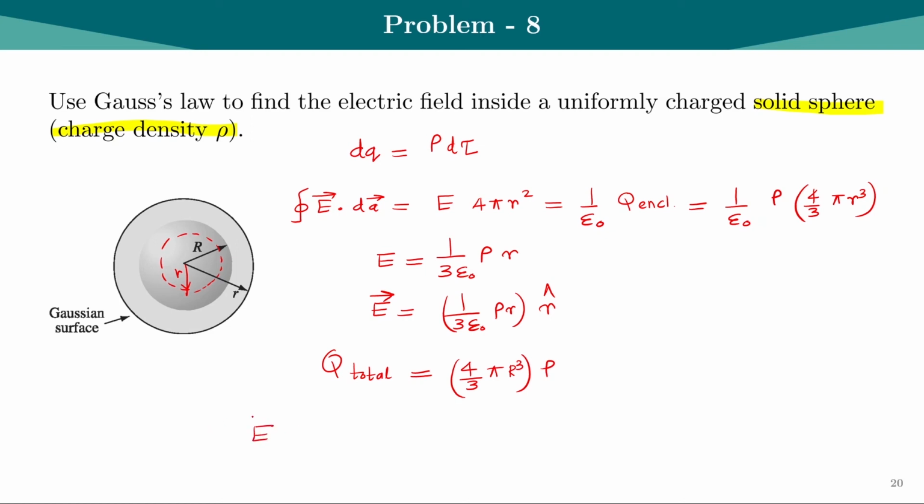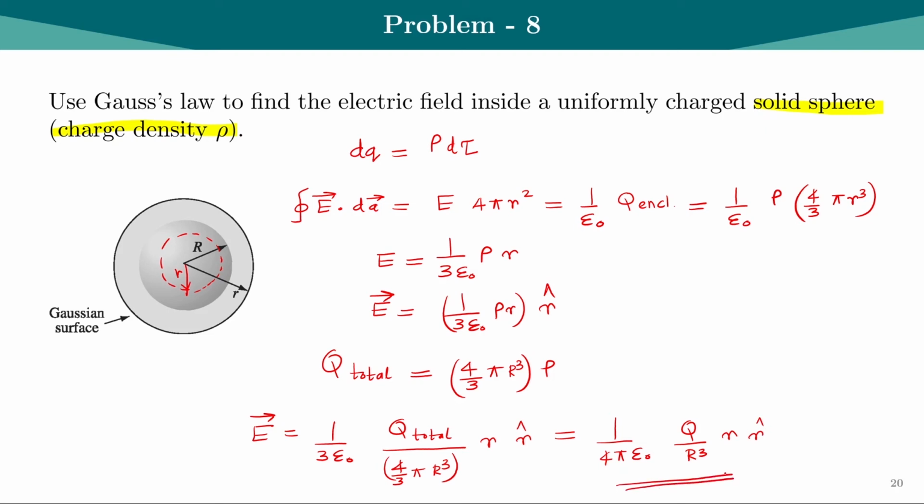Therefore, the electric field is given by 1 over 3 epsilon 0 Q total divided by 4 by 3 pi R cubed times r hat, and this is equal to 1 over 4 pi epsilon 0 Q over R cubed times r hat, and this is the expression for the electric field inside a uniformly charged solid sphere having charge density rho.